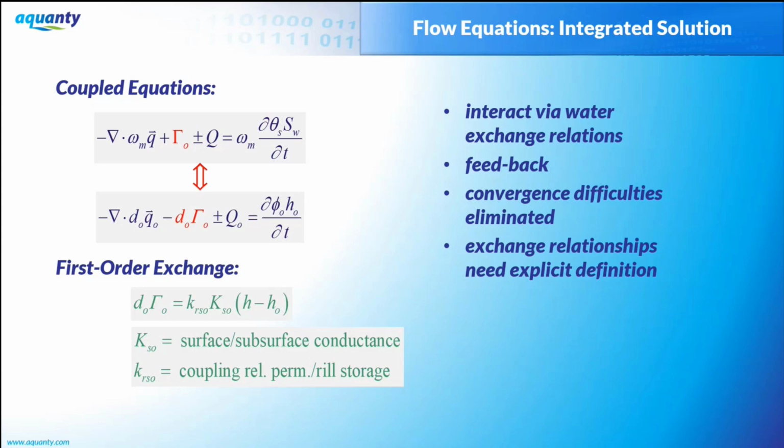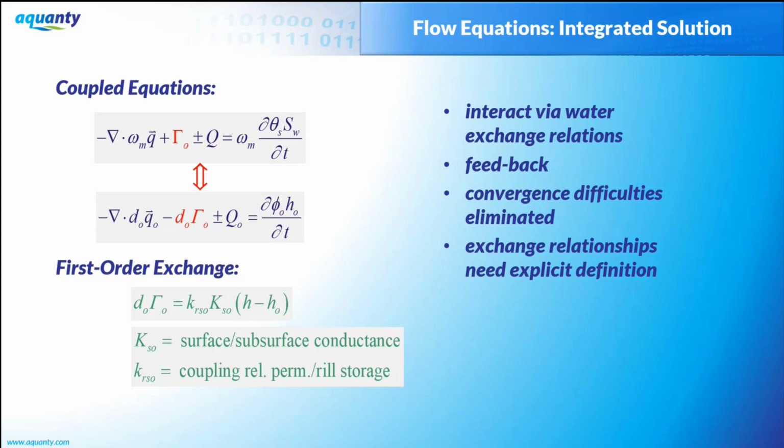Now this term gamma naught is what connects the two equations. You see the arrows are two-way. That's the exchange of water between the surface and the subsurface domain. And we use the first-order exchange process described below to make that connection. There is a relative permeability term in that gamma naught, a hydraulic conductance term, and then the difference in the pressure or the head between the surface and the subsurface domain.